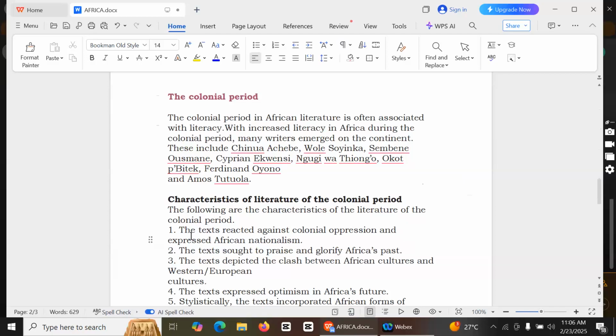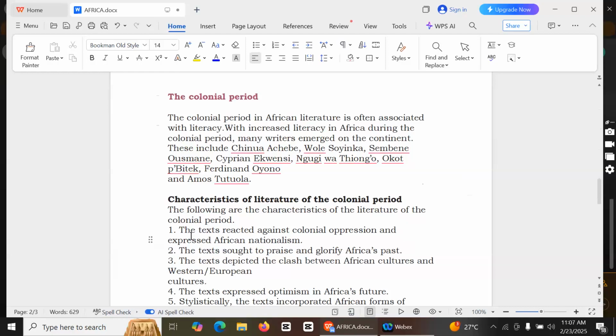Because you remember when white people came to Africa, they destroyed our culture and brought their culture instead of ours. They said we have no culture, we are people of nothing, but really, we had a very good culture and ritual. So the content of the text they wrote during this colonial period was to remember how they longed for their past life and their past culture.